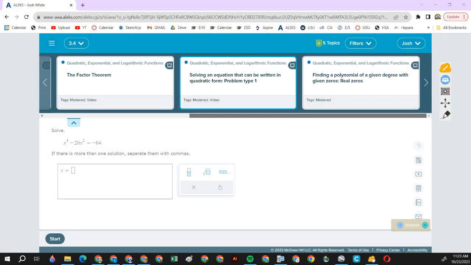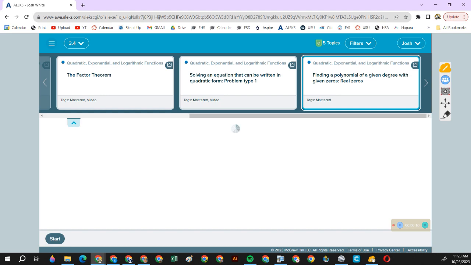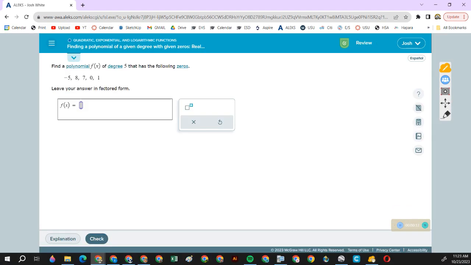So this is 3.4, and we're going to be using division to do the remainder theorem. Find a polynomial of degree 5 that has the following zeros.